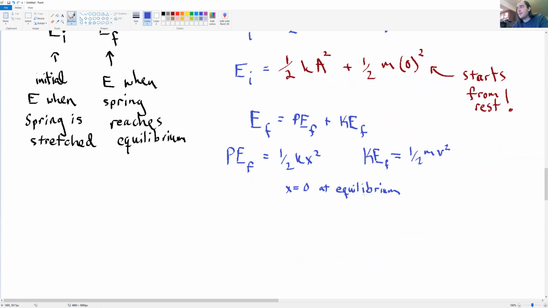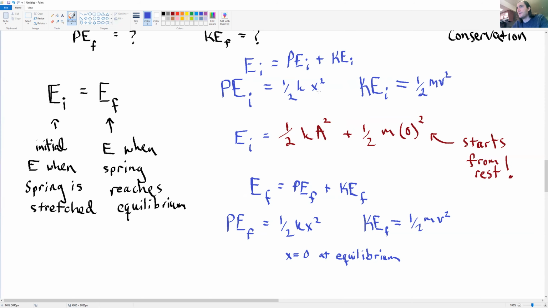So x equals 0 at equilibrium, but the velocity there is not going to be 0. Okay, and maybe I should have subscripted these. So this is x initial, this is v initial, this is x final, and this is v final here. So probably I should have subscripted those.